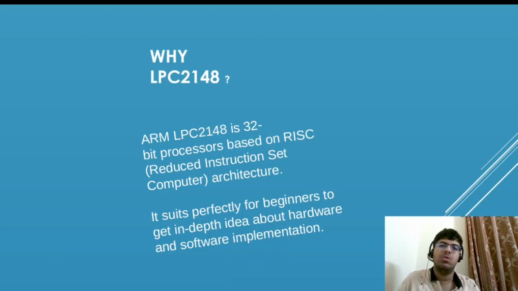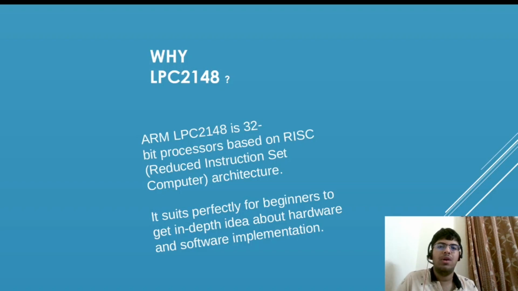For beginner level execution, we'll be using processors which are already embedded into the software itself, but we'll be mostly using LPC2148. Now, why is that? We'll be using LPC2148 because it is a 32-bit processor based on RISC.